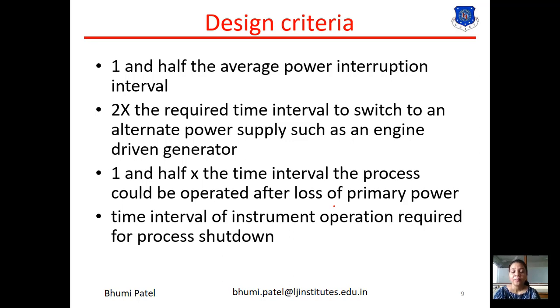Whenever the overall process is shut down, a time interval for the instruments is required, because in the same control panel we have used different types of instruments. So time interval is the most important criterion for designing the control panel.